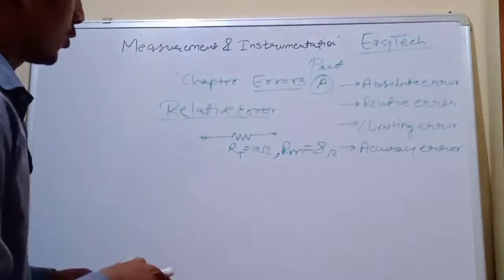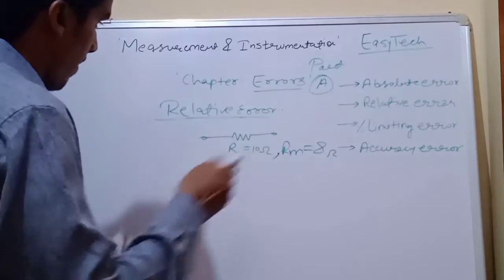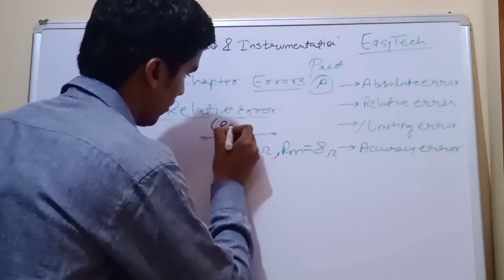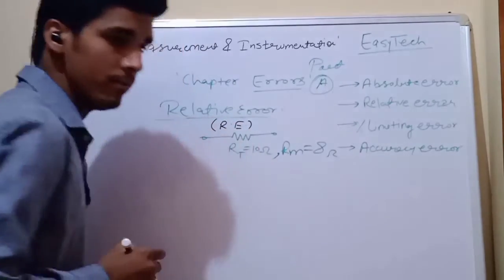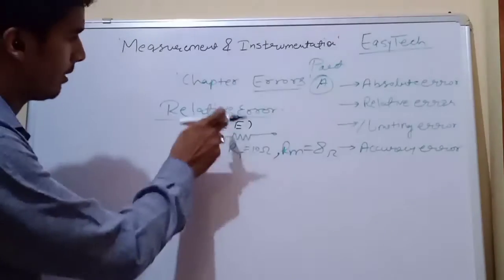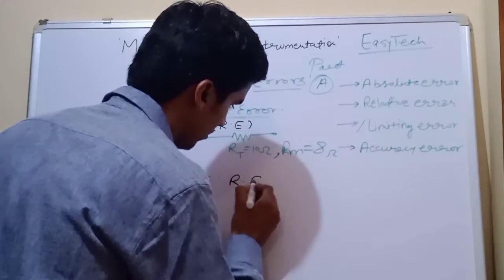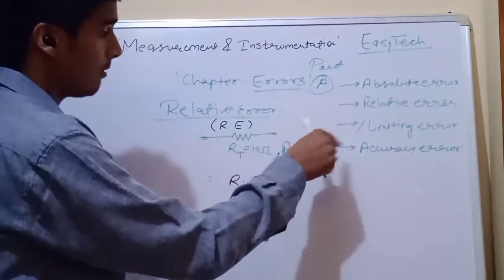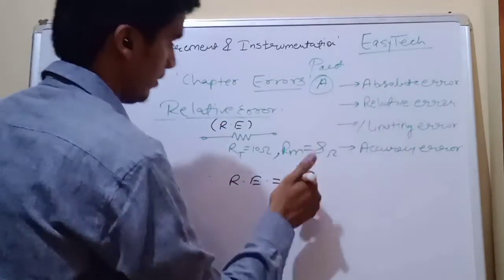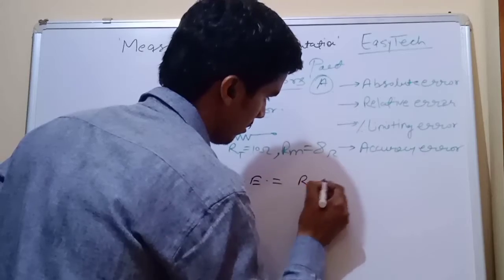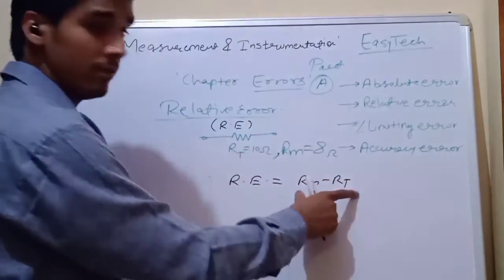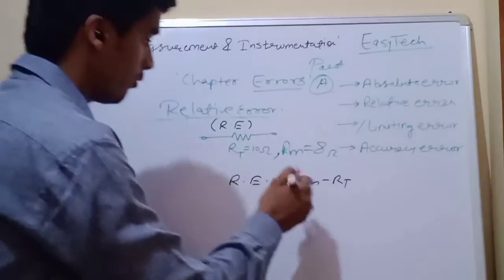So the relative error, I am showing the expression of relative error with RE. Relative error will be equivalent to the absolute error, that is Rm minus Rt, with the ratio of true value.